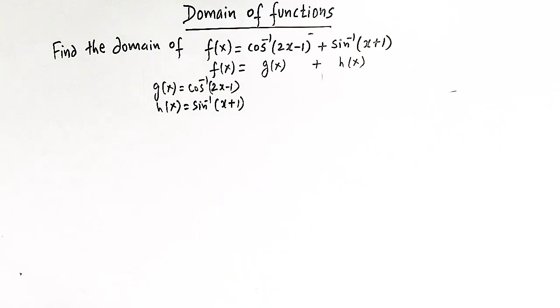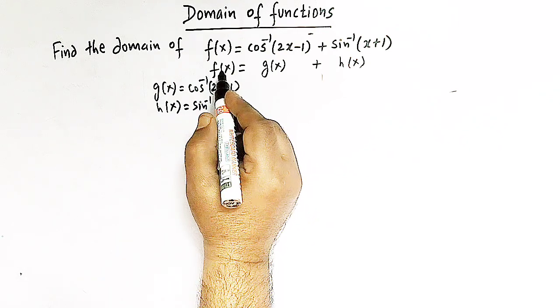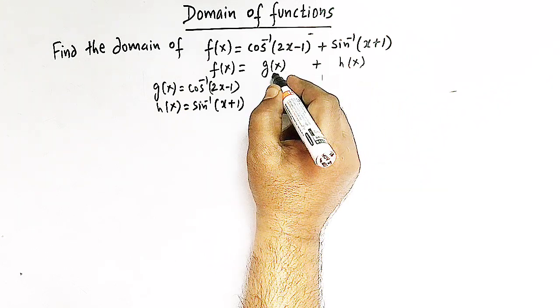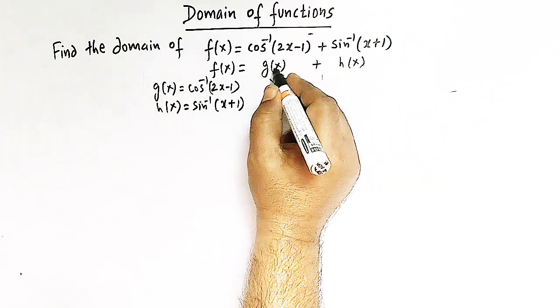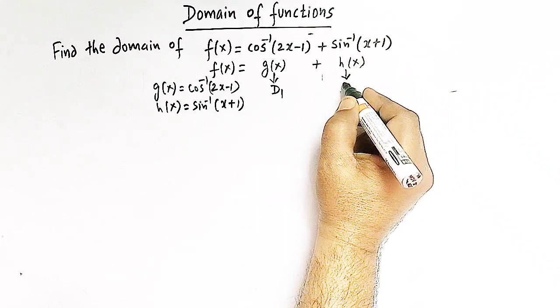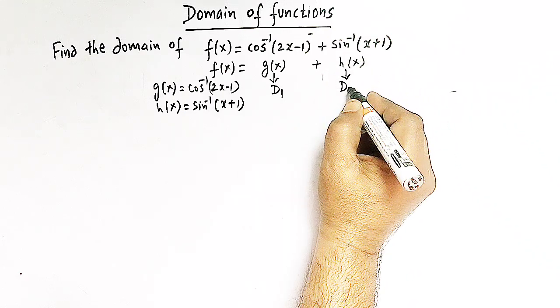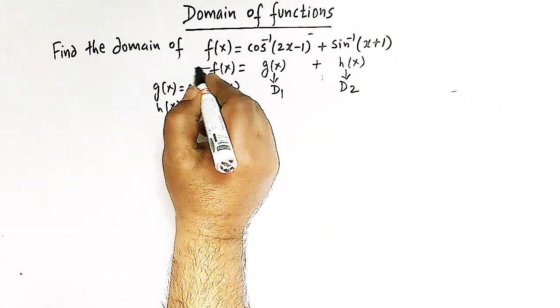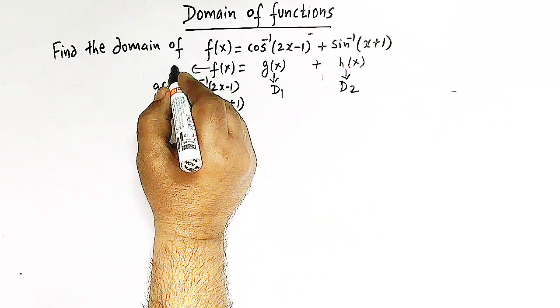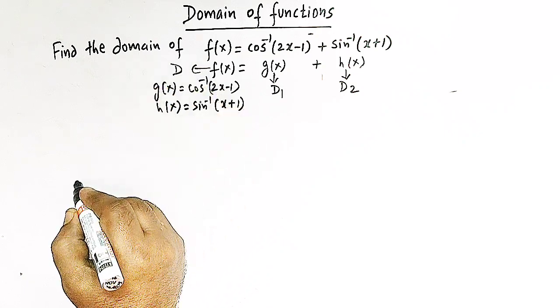Now to get the domain of f of x, let us assume that the domain of g of x is d1 and the domain of h of x is d2, and the domain of f of x may be taken as capital D.